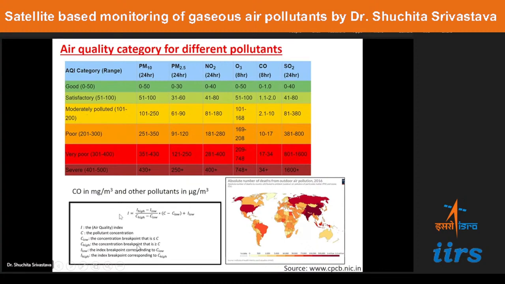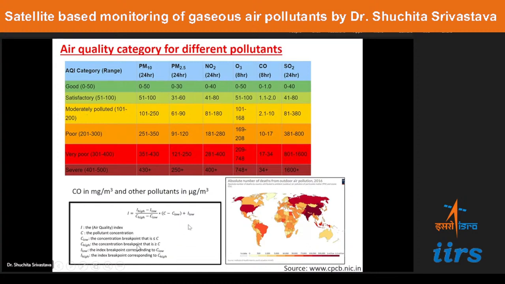And here at the bottom you can see one formula. I equals I high minus I low divided by C high minus C low, multiplied by C minus C low, plus I low. This formula is for the calculation of air quality index for one particular pollutant. Suppose you are making measurement for NO2 at one observational location and you get a 24-hour average concentration of 50 microgram per meter cube. That 50 will fall between 41 and 80, right?